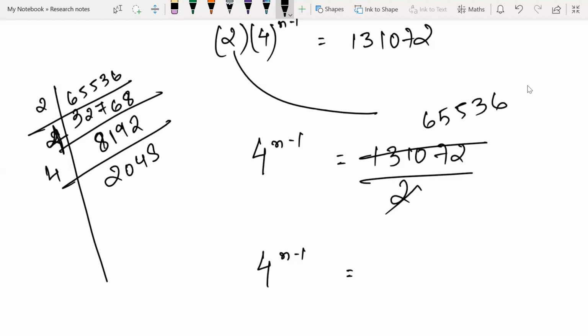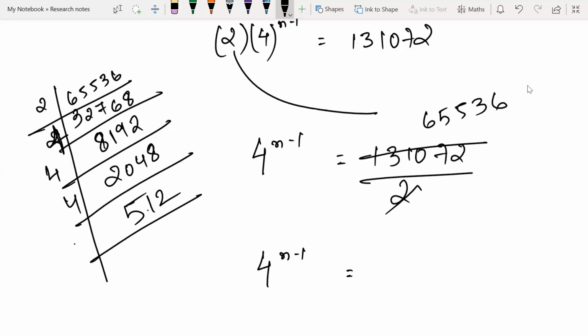And 512 means 8 into 8 into 8. Do you know? Yes, ma'am. Okay, 512 is 8 into 8 into 8.